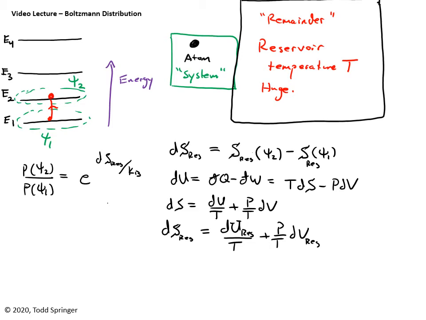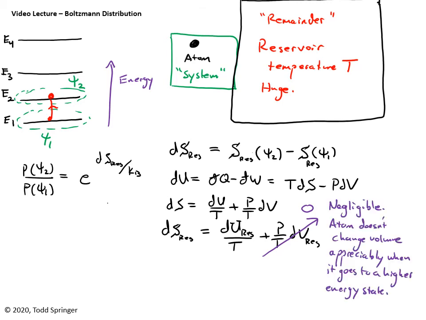Now this piece is really, really small, so we can ignore it. That's because when the atom absorbs a little bit of energy and goes up to a higher energy state, the volume change is really, really small. It's a fraction of the size of an atom, and it's totally negligible here. Okay, so let's ignore that piece.